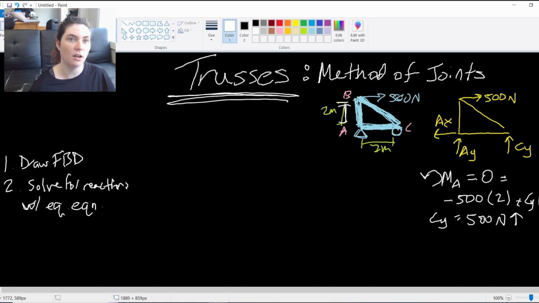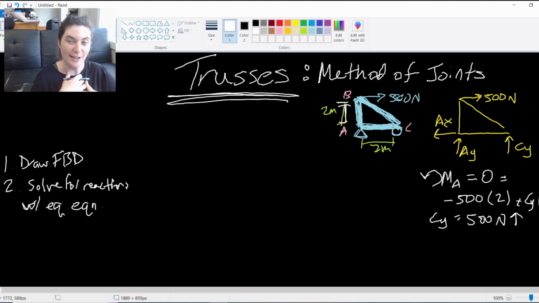And then of course, from this it's pretty easy to tell even without setting up the equilibrium equations. You can intuitively tell the only x forces I have are Ax and the 500, so Ax equals 500, and then the only y forces I have are Ay and Cy. If Cy is 500, then Ay is 500.